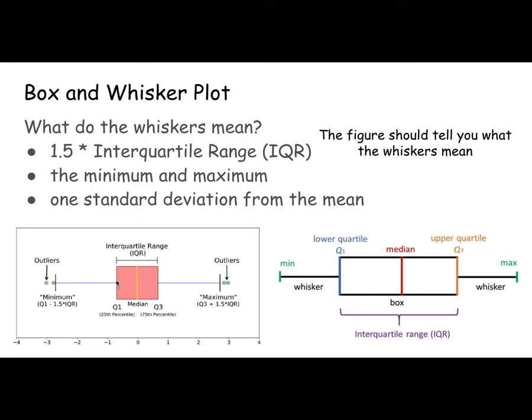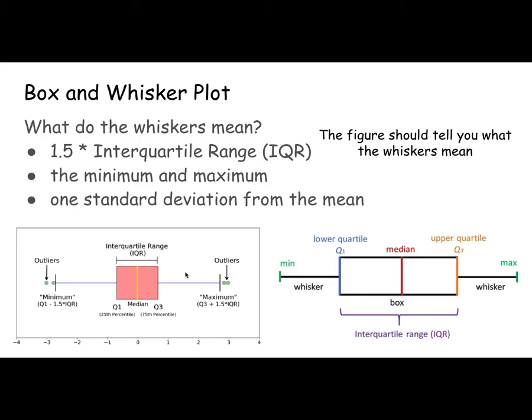So from Q1 to Q3, right, the 25th percentile value to the 75th percentile value, that's your interquartile range. You can make your whiskers 1.5 times that. You can make them the minimum and the maximum, or you can make them one standard deviation from the mean.